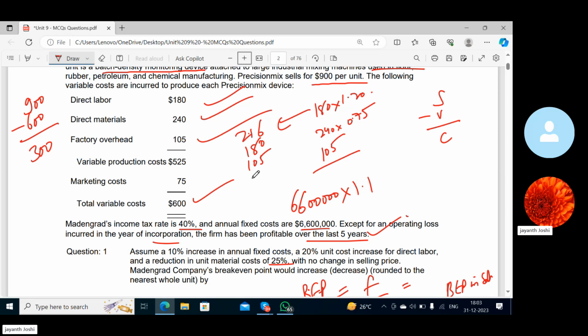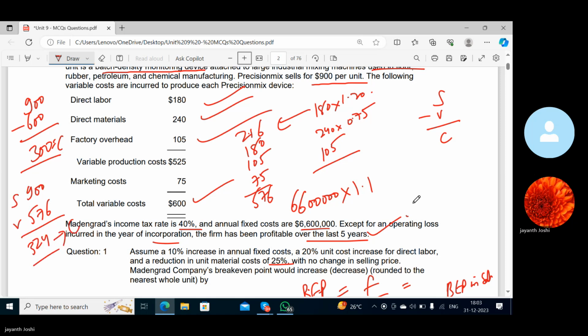Total is 501. I'm adding all of this. Okay, 576. So this was the previous variable cost, but now with changes, what's the previous contribution? Now what's the contribution after changes? 324. 324 is the contribution, right? That is sales minus variable cost.